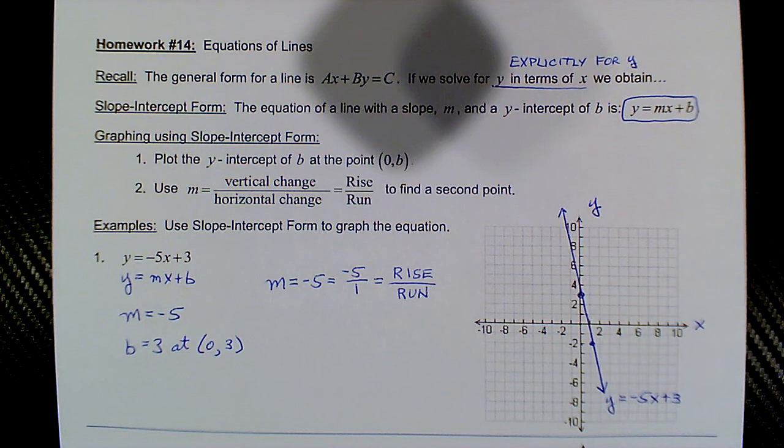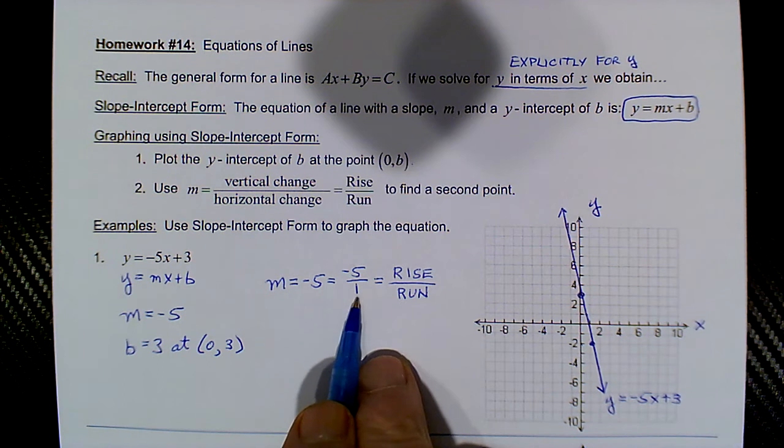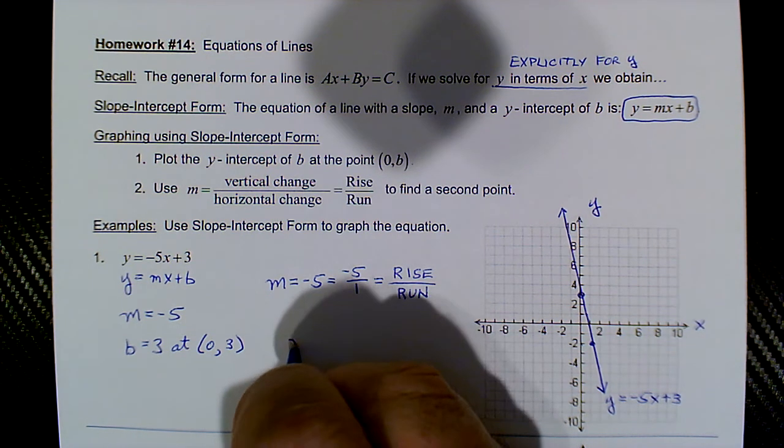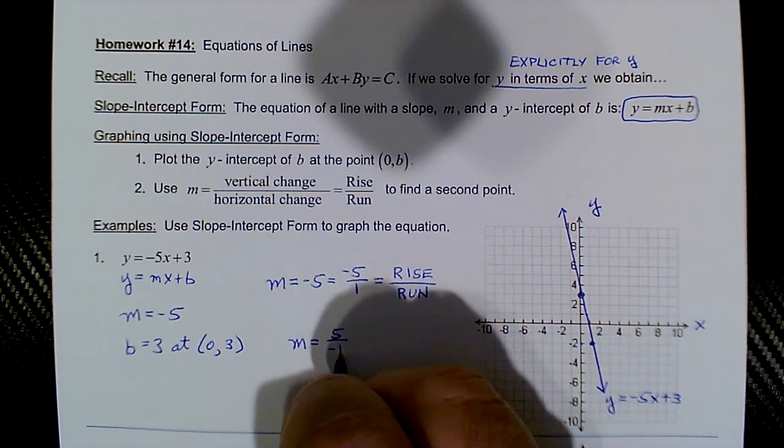Now, one other thing to point out, though, is this. We thought of this fraction as -5 over 1. You could actually think of this as 5 over -1. That's still -5.